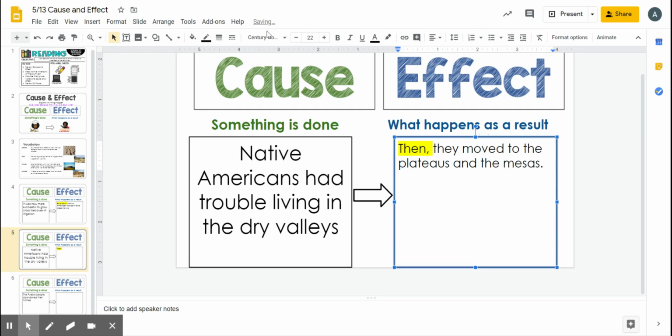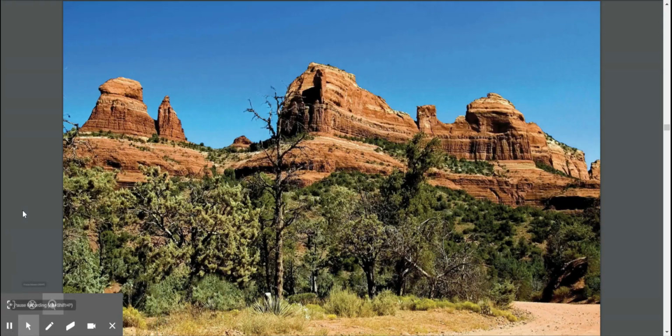Let's see if we can find one more cause and effect relationship in our read aloud. Okay, so as we continue to read, listen closely because this part of the read aloud is going to also be included in your exit ticket. There were many reasons why some of the ancestral Pueblo moved up onto the greener mesas. There were trees growing on these mesas that provided the native people with shelter and wood.